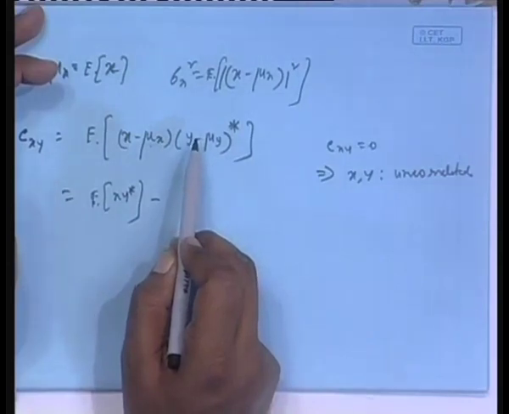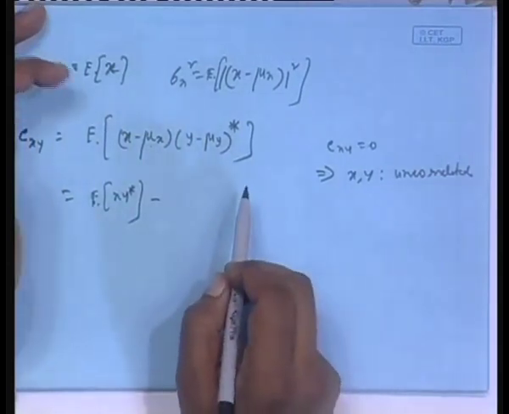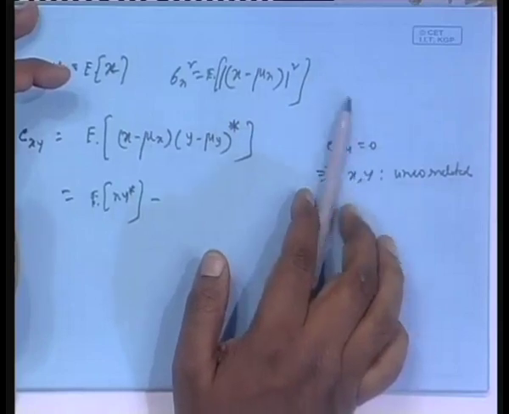What is E of y star? E of y star is the same as E of y, then star, because E of y star also means integral of y star into p y dy. P y is real, so you can put the star outside that way. These things I do not think I have to tell you, it is very simple.